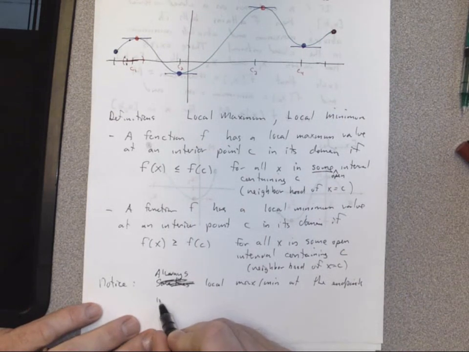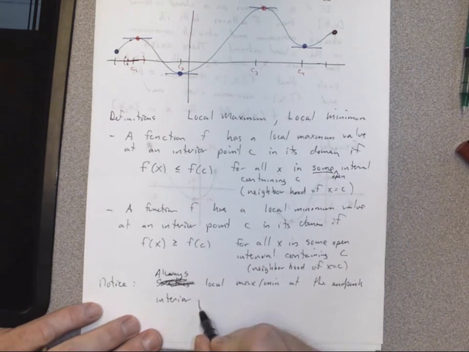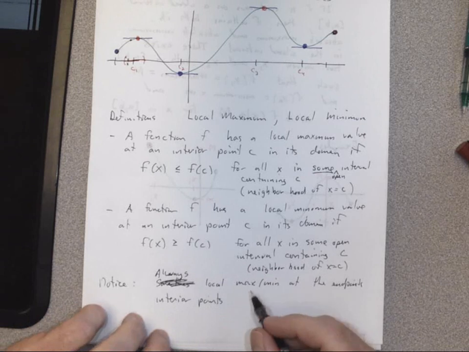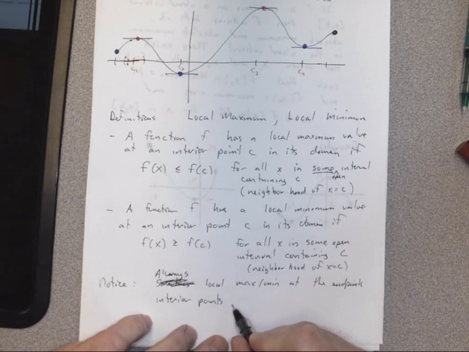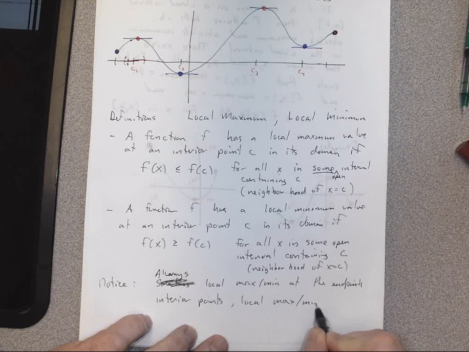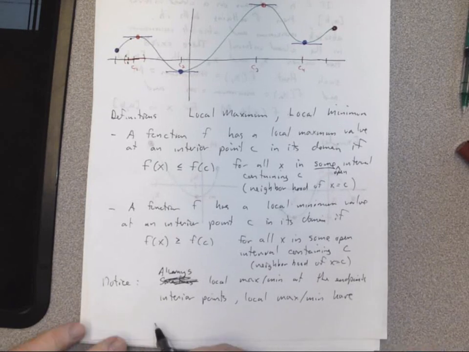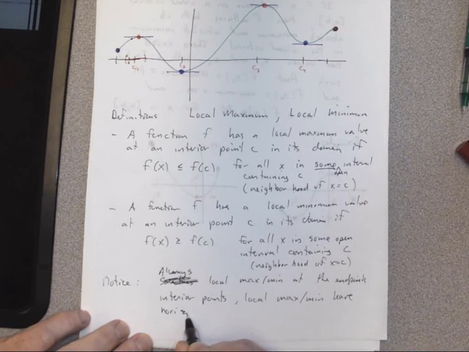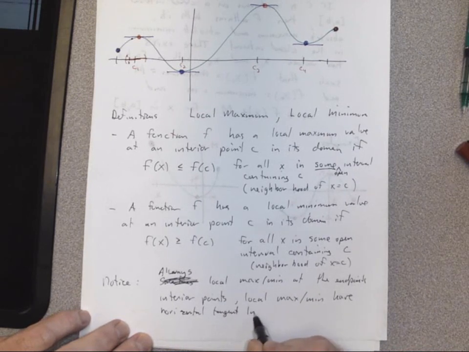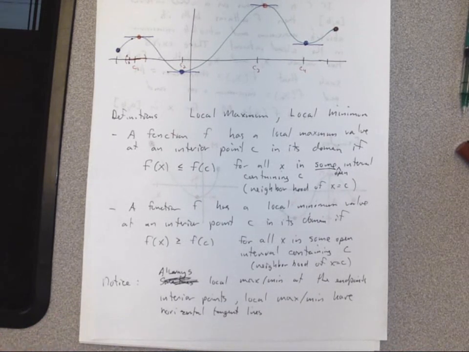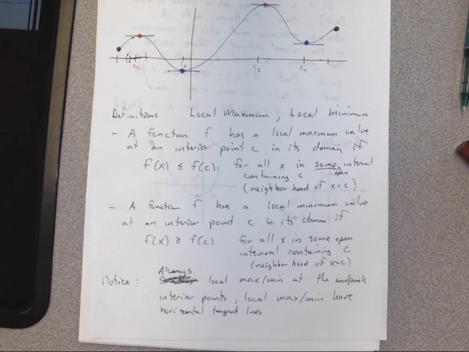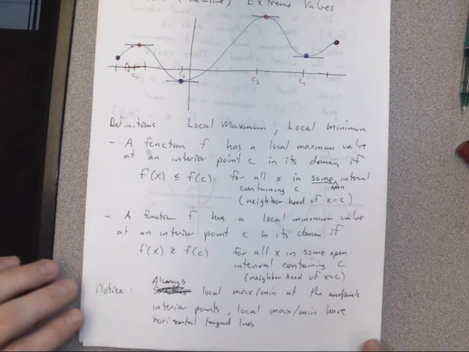So at your interior points, the local max and mins have horizontal tangent lines. So this gives us a way of testing these things. How do we find these?